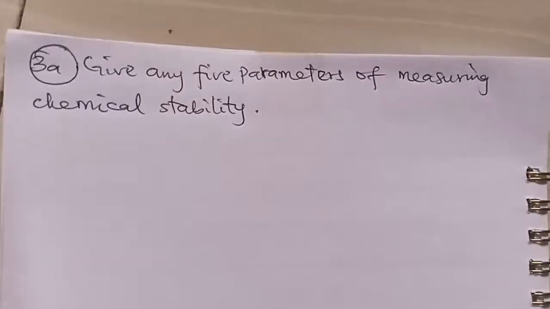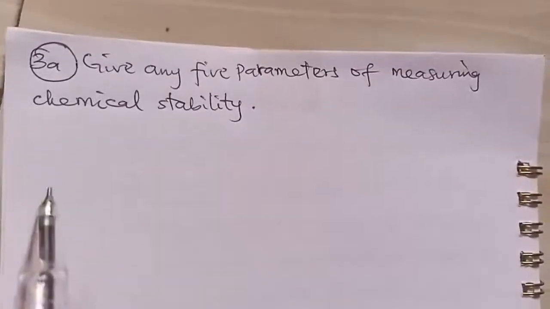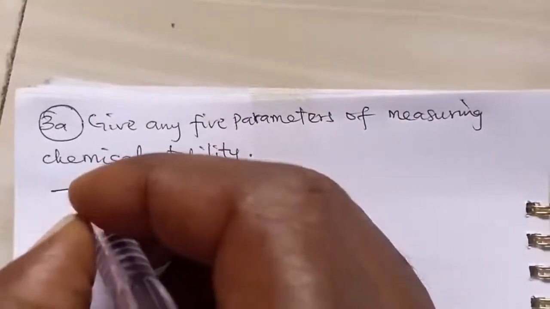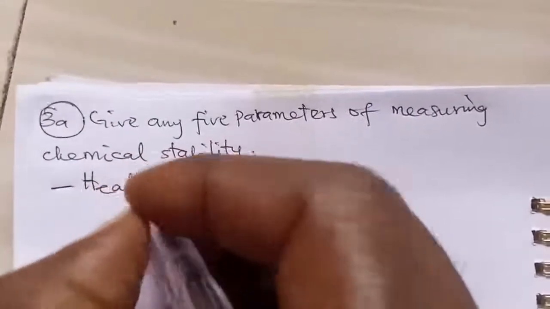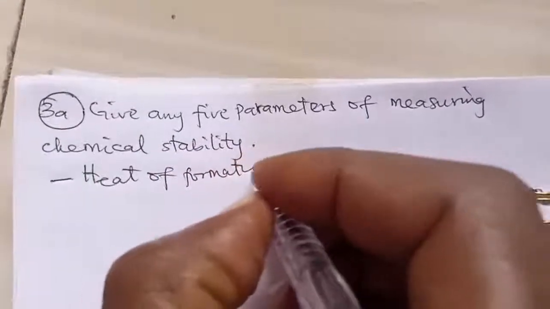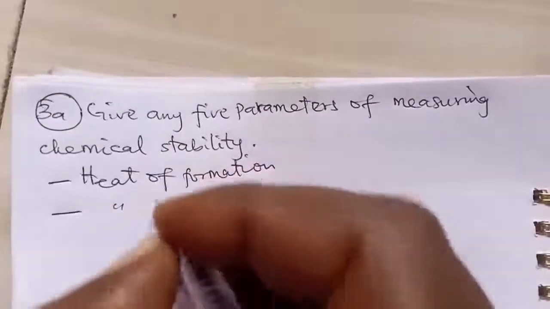This question says, give any five parameters of measuring chemical stability. Now, the first one is heat of formation. The second one is heat of combustion.